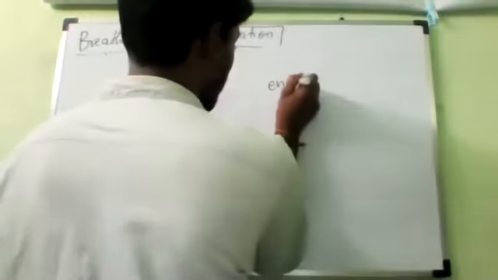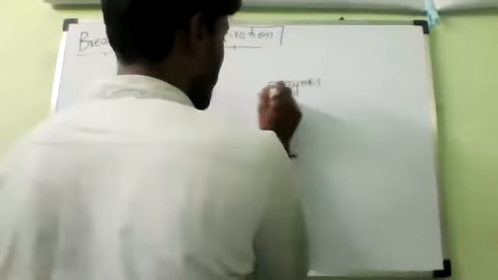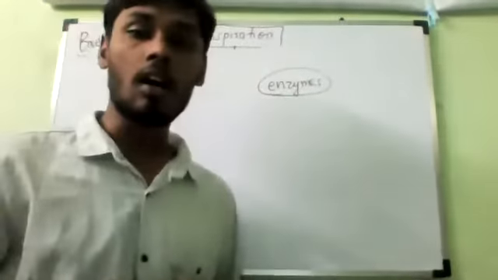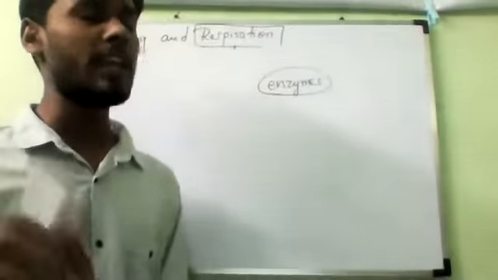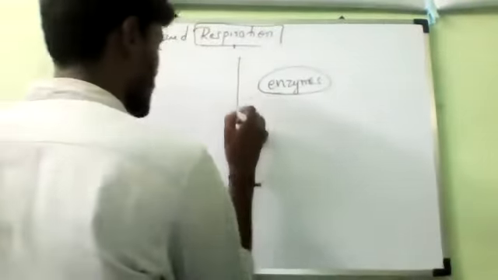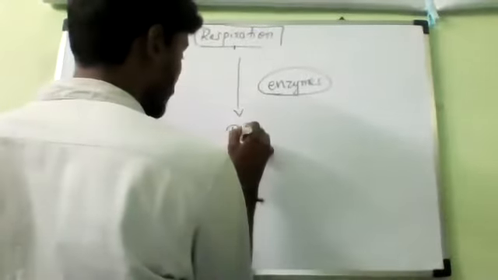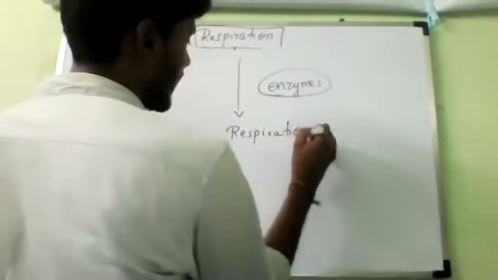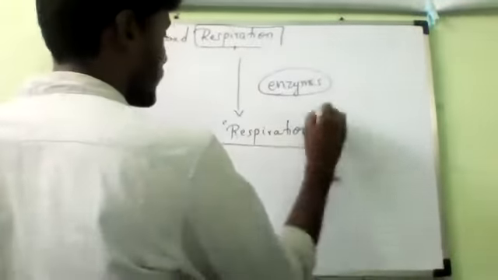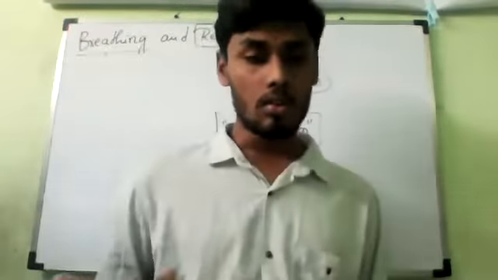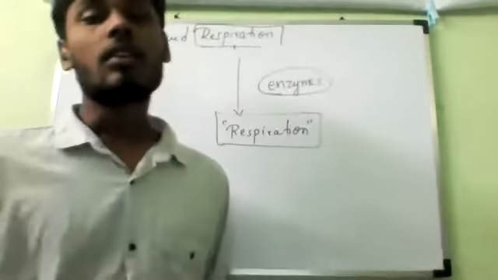So now we will see what is that enzymes releasing, what is that enzymes involving, and what are the stages taking place. So now, what is the main purpose of respiration? Anybody? To release energy, to make our body alive, as a life process, as well as to grow.